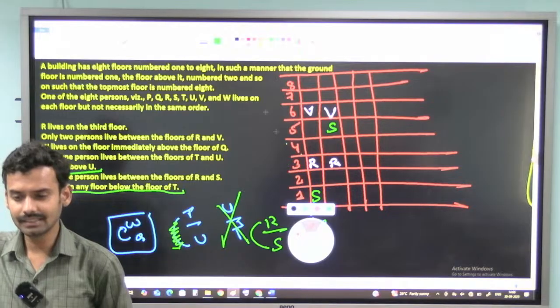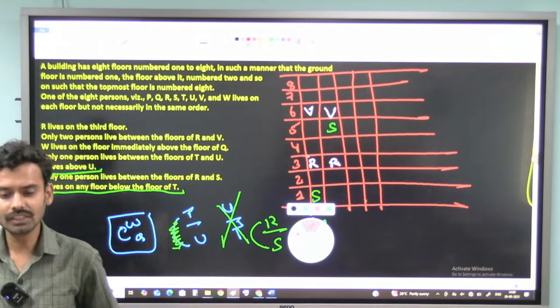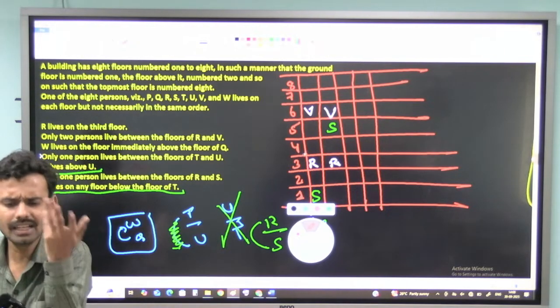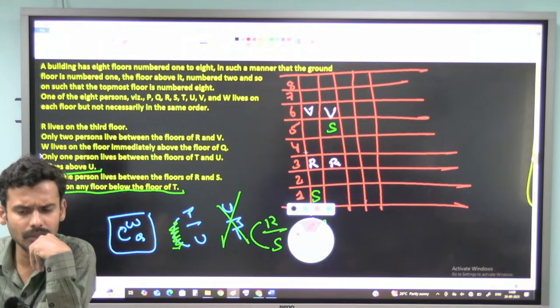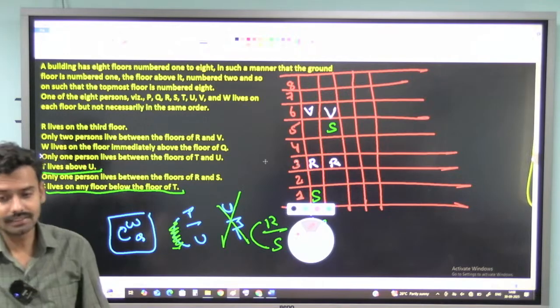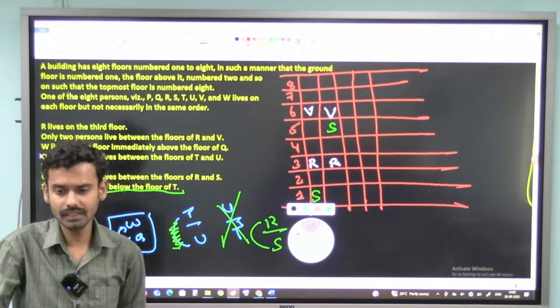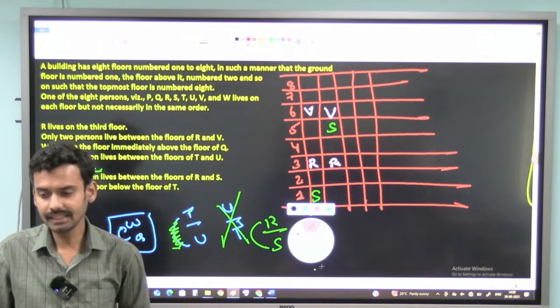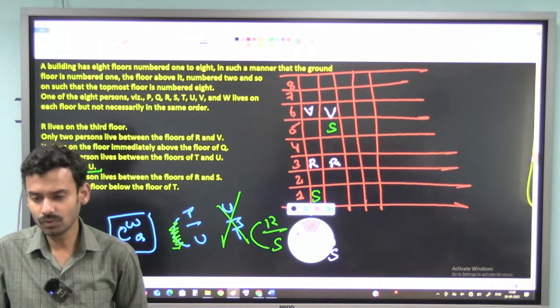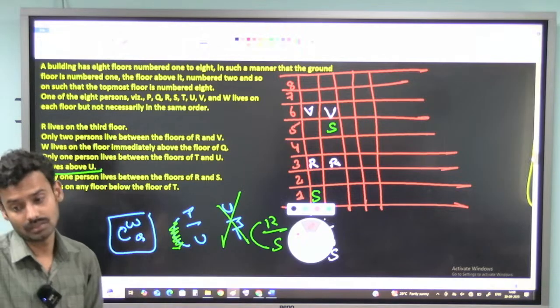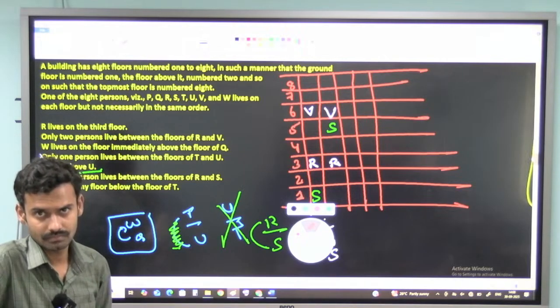Now let me consider this one. Sorry, S is below the floor of T. I had taken it in a reverse way, but the question is saying that S is somewhere below the floor of T. The question is not saying that T is below the floor of S, right?